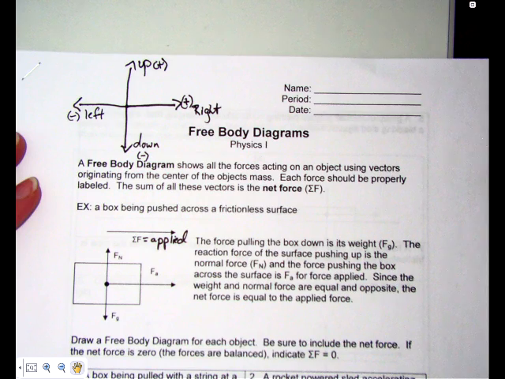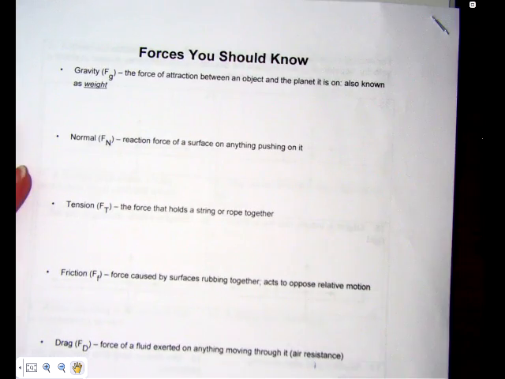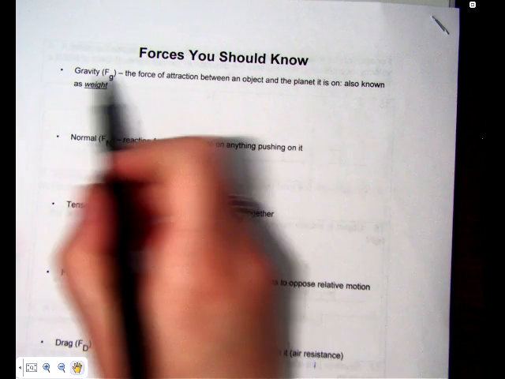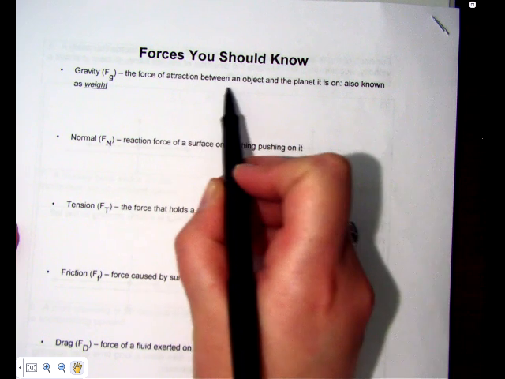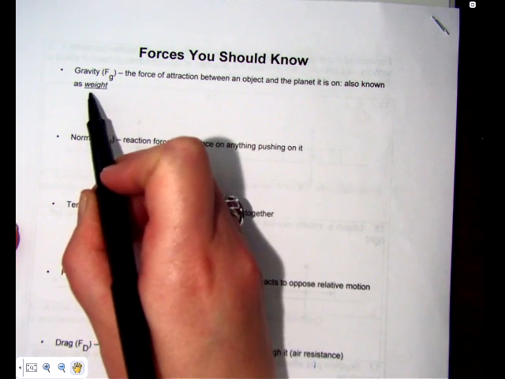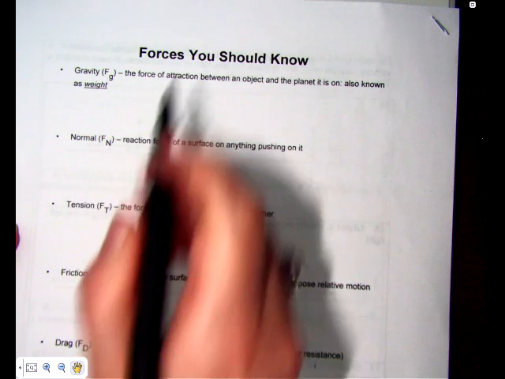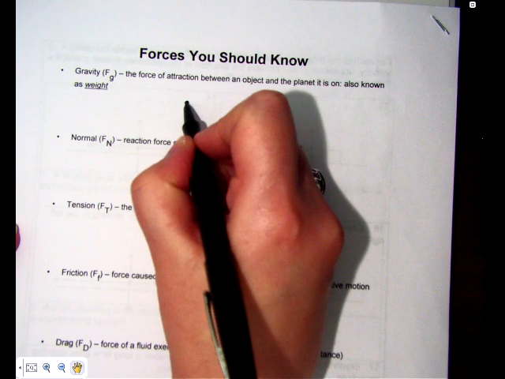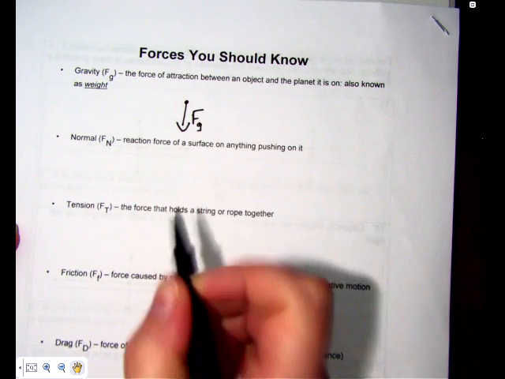They'll come up in a few of our examples. Also, I want to look at the definitions that are on the back page. Forces you should know. Gravity, we use F sub g. The force of attraction between an object and the planet is also known as its weight. And it's always written toward the center of the earth, F sub g.